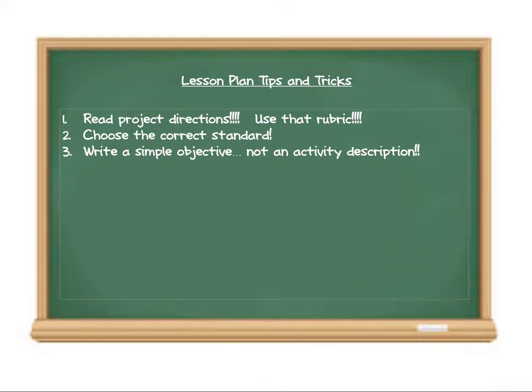It sounds like a big list of your procedure. You actually have an area on the next lesson plan where you do that. You share what your activity for the whole lesson is going to be about. An objective is what you want the students to learn specifically related to that standard.